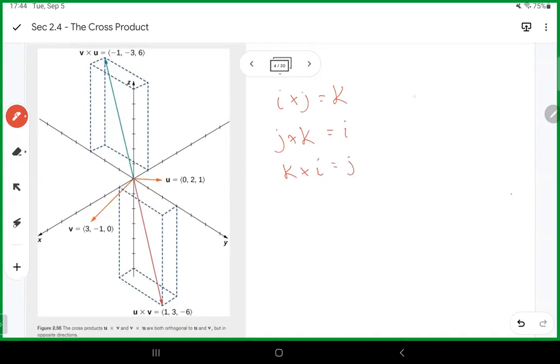And then we also have j cross i will give us negative k. k cross j gives us negative i. And then i cross k will give us negative j.